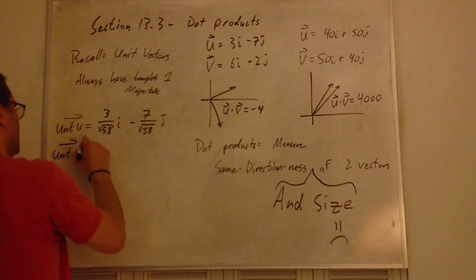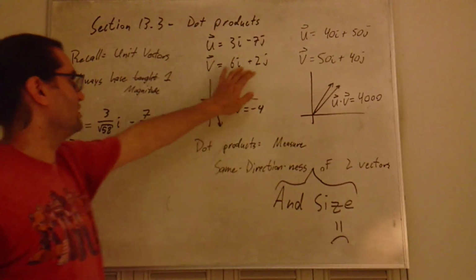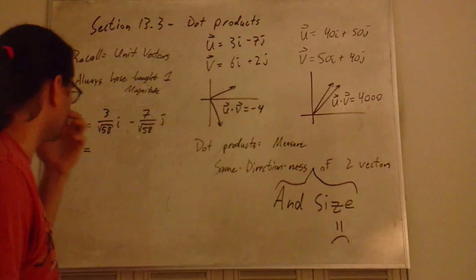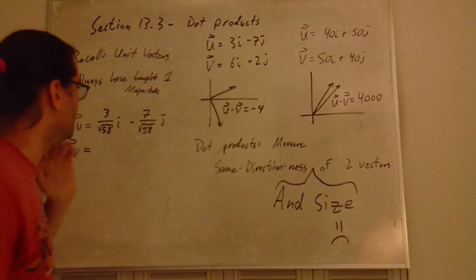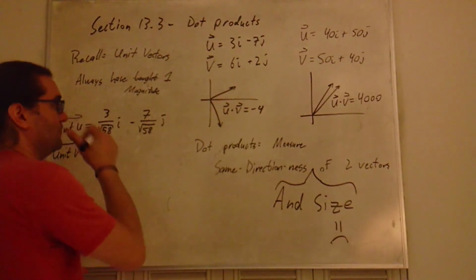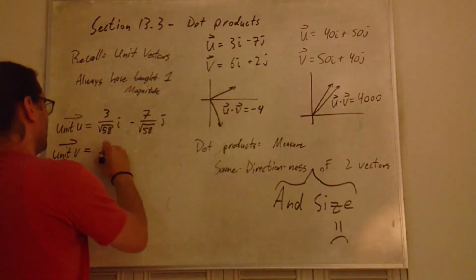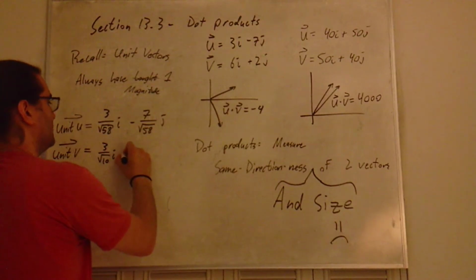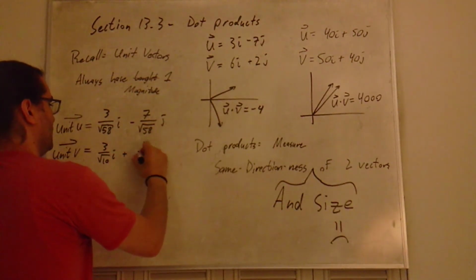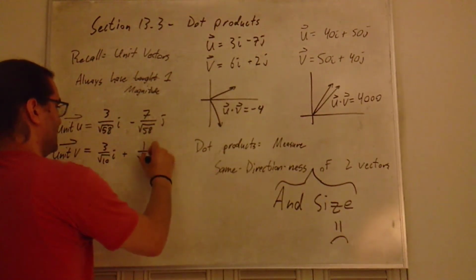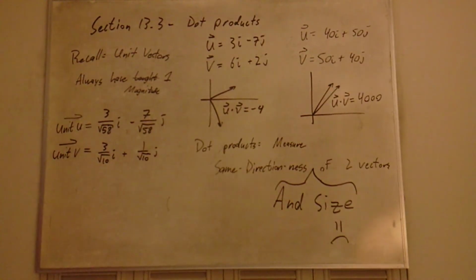Unit v would be, let's see, 36 and 4, 40. So this is the square root of 40, which is 2 root 10. Well, if it's 2 root 10, then I can cancel some stuff. I can call this 3 over root 10 i plus 1 over root 10 j.